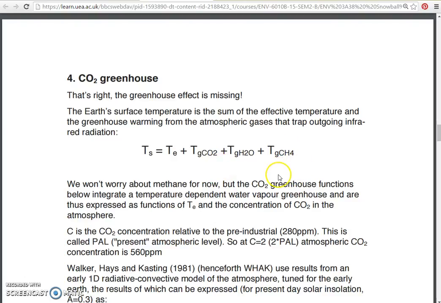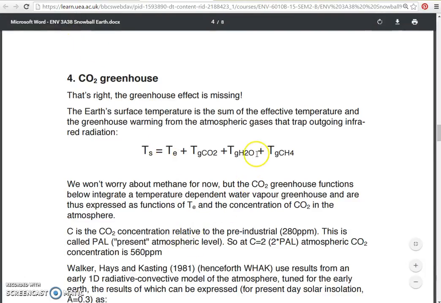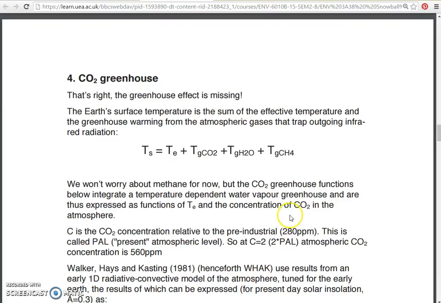Methane we won't really concern ourselves with, or the details of the greenhouse effect, but it's important to realise that these CO2 formulations of the greenhouse effect that we're looking at in this section of the practical integrate implicitly the water vapour greenhouse, or at least the change in the water vapour greenhouse with temperature. So there's a bit of simplification of the system.